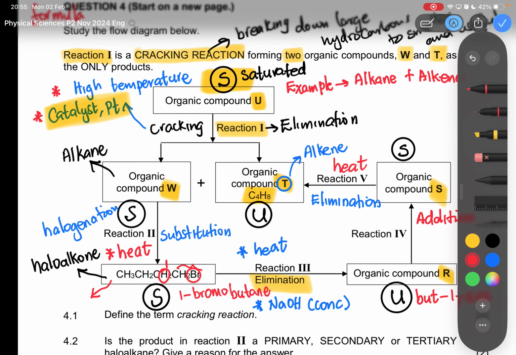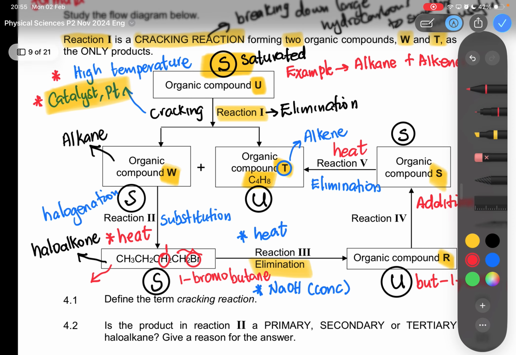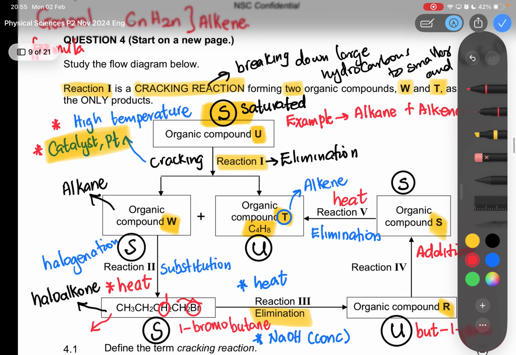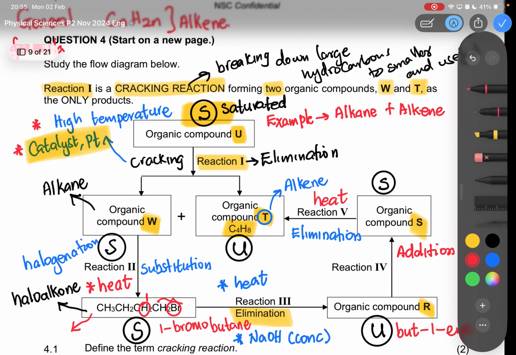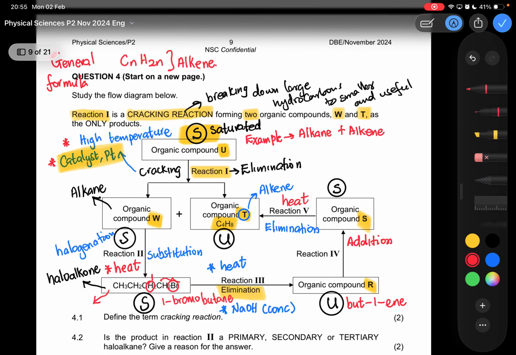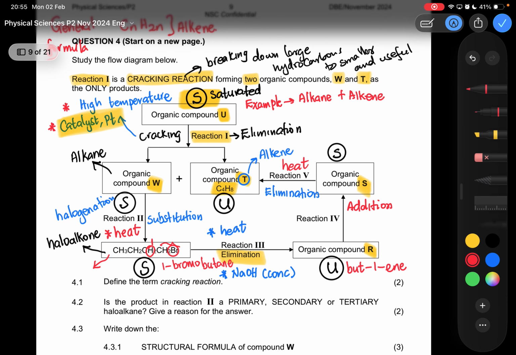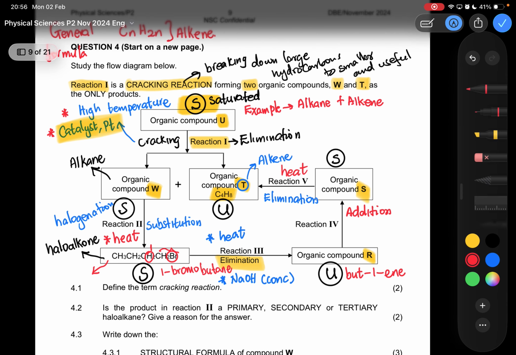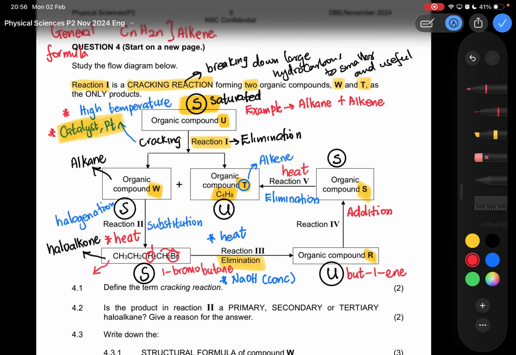I think I've analyzed enough. I've tried my best today. So, is there anything that maybe you need clarity on so that I can further elaborate on it, especially in the analysis of this flow chart? Let's hear your input or your questions or suggestions or whatever it may be.